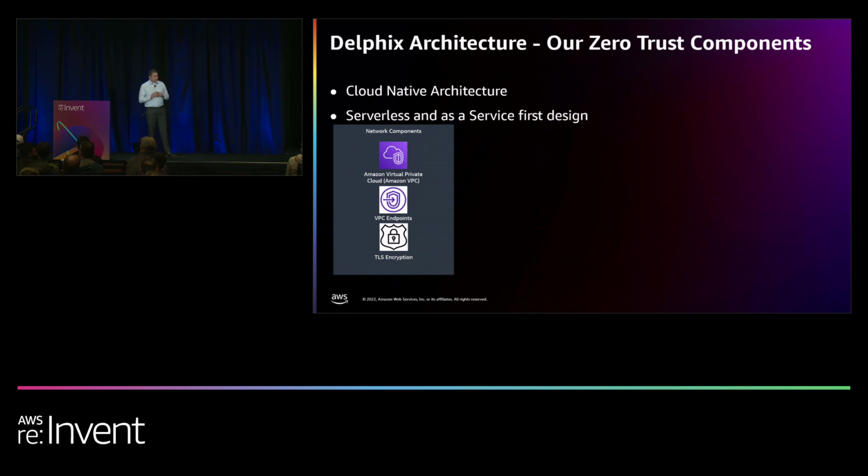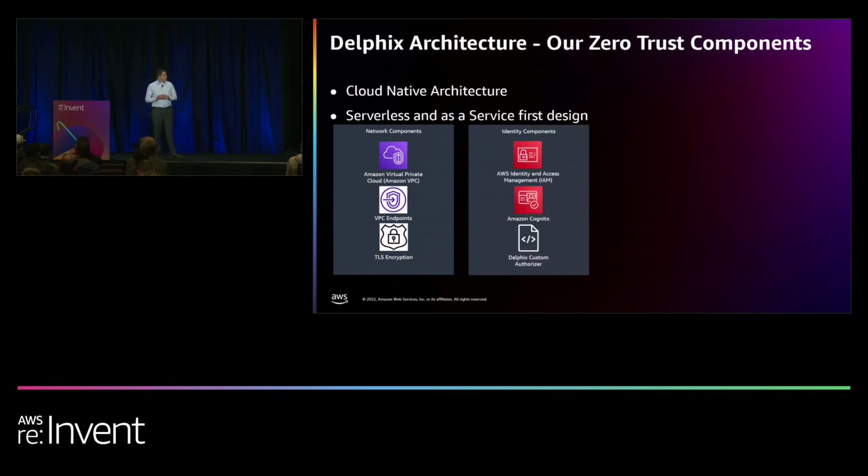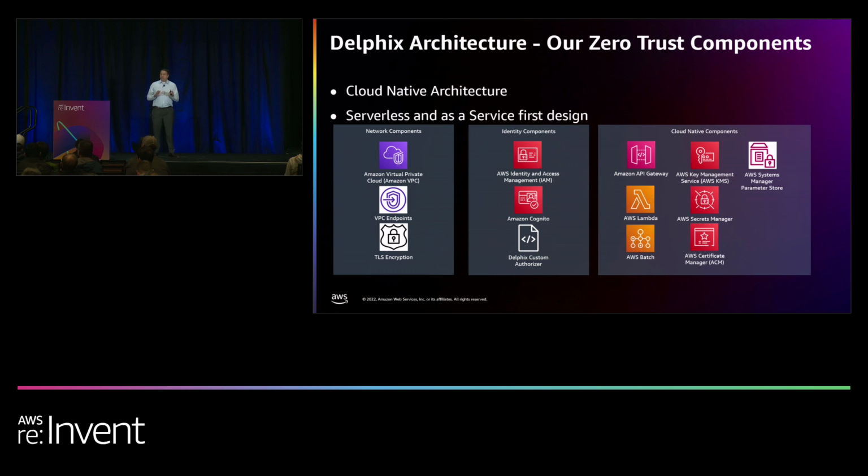We use virtual private cloud, VPC endpoints, and TLS encryption for all communication. Next, our identity components. We use IAM, Cognito, and the Delphix custom authorizer, which ties the two together. And that ties in natively with all of our cloud-native components that we're using within the system.